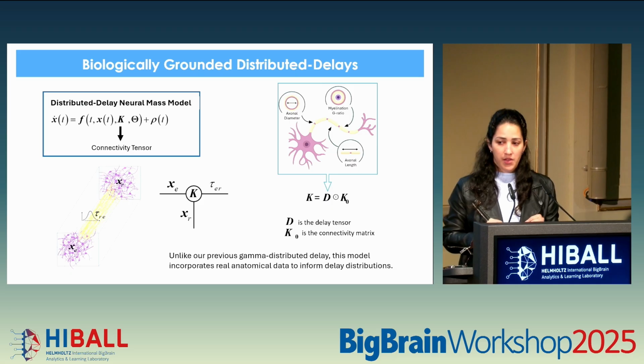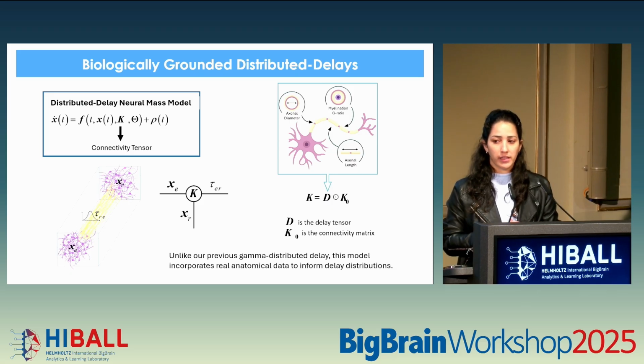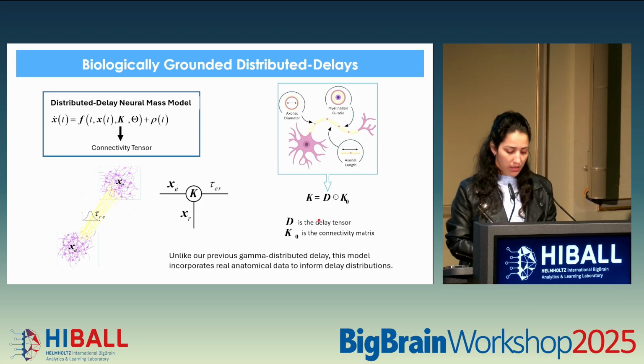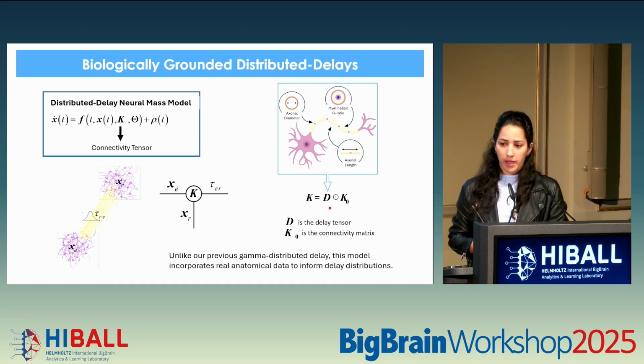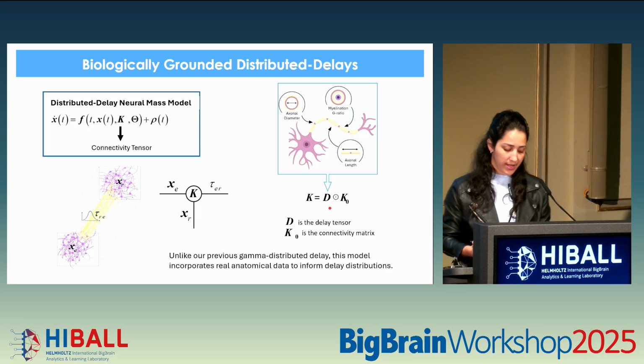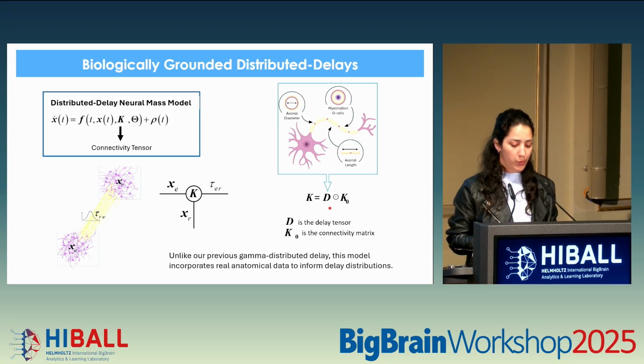This information is going to be collected in our delay tensor, as we can see here. And of course, we are also taking into account the connection strengths between neural populations or cortical columns.